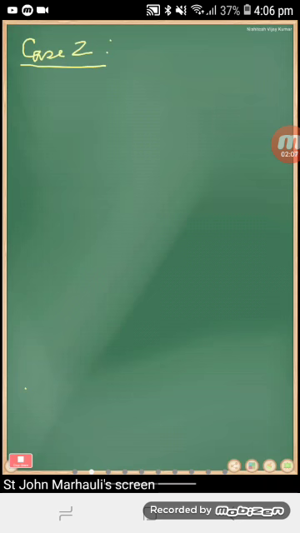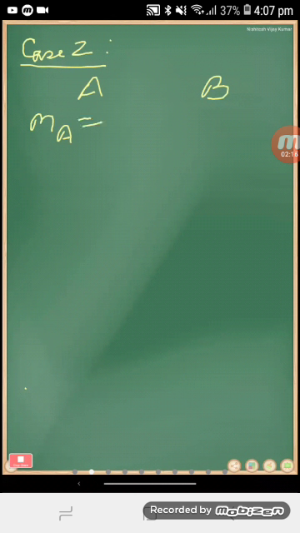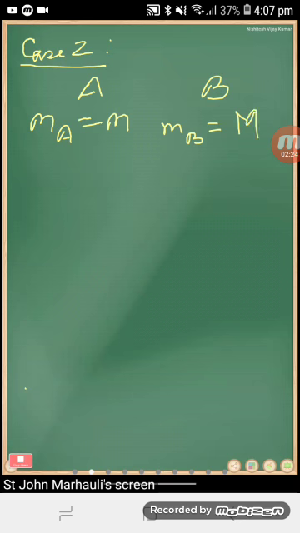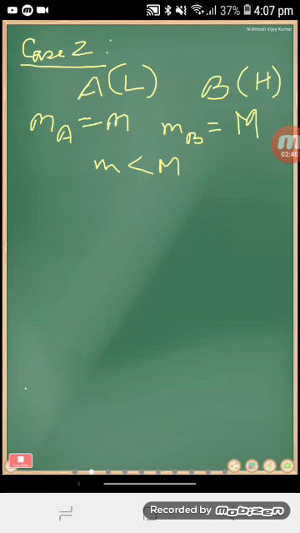Here we are taking two bodies A and B such that the mass of A is small m, and mass of B is capital M, such that small m is less than capital M, which means that body A is going to be a lighter body, and body B is going to be a heavier body. We will be taking the kinetic energy of both of them to be the same.